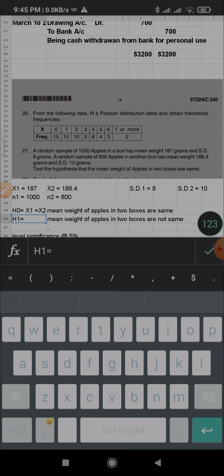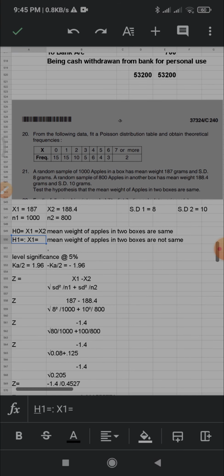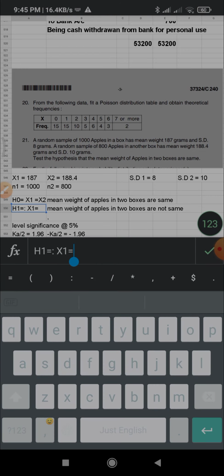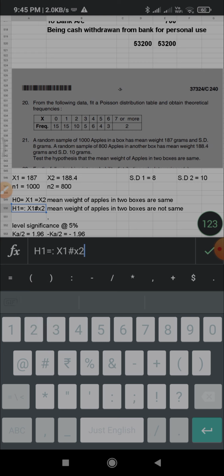Then what is the alternative hypothesis here? The alternative hypothesis should be x bar 1 is not equal to x bar 2.